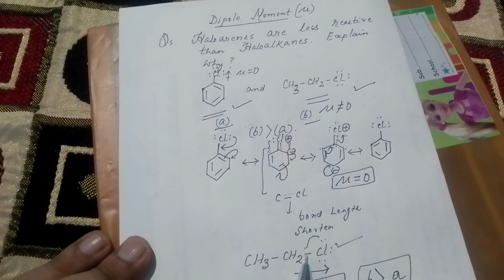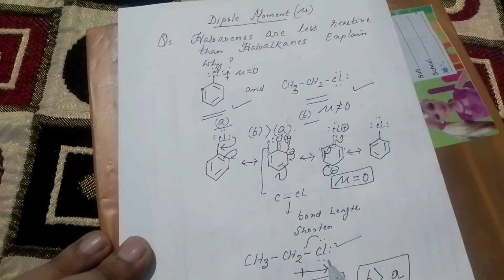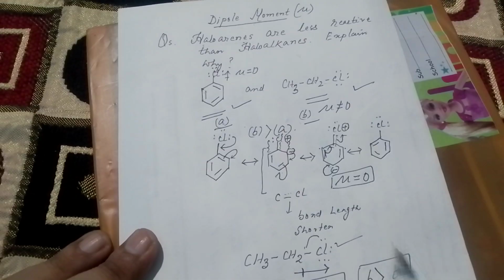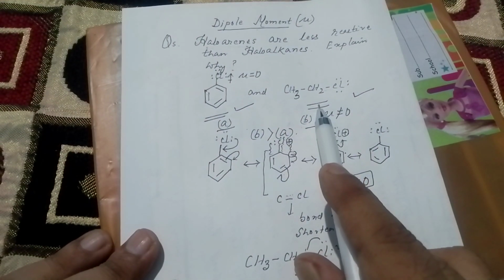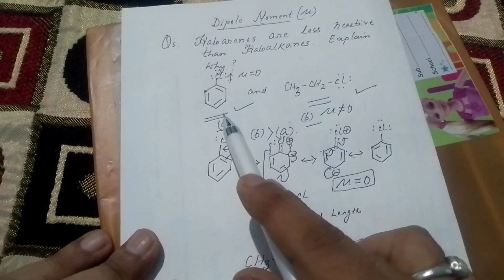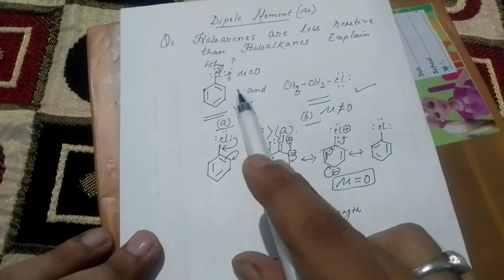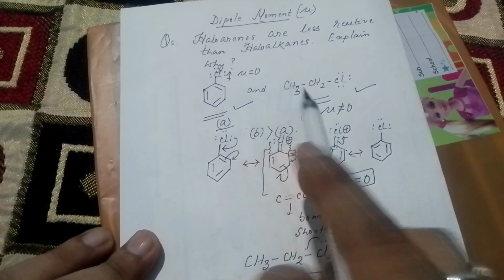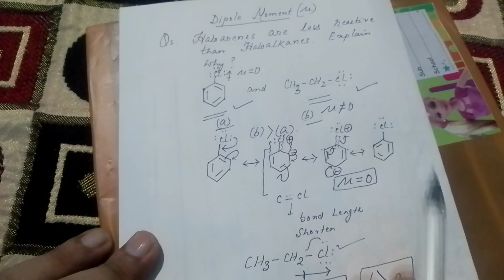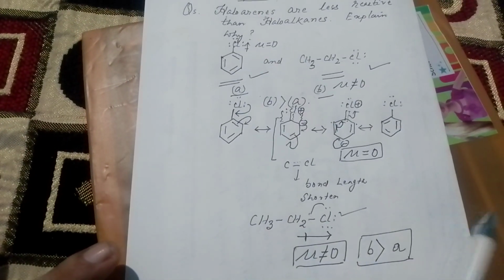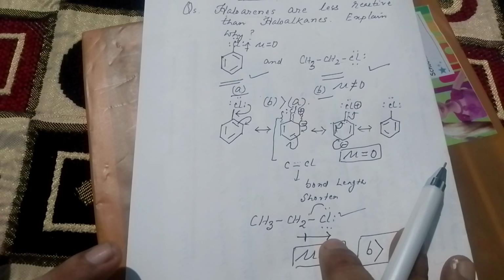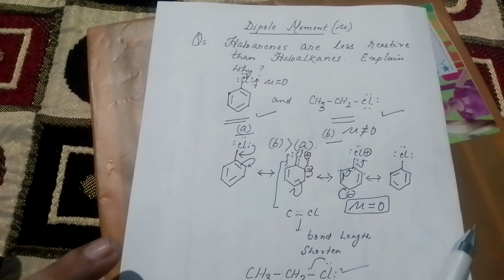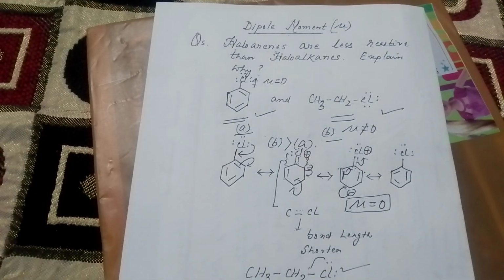Here delocalization is not happening, so there is a net dipole moment. That's why B has more dipole moment, while haloarenes do not have any dipole moment at all. So this is the explanation. Please copy it nicely. Pause and copy the lecture.